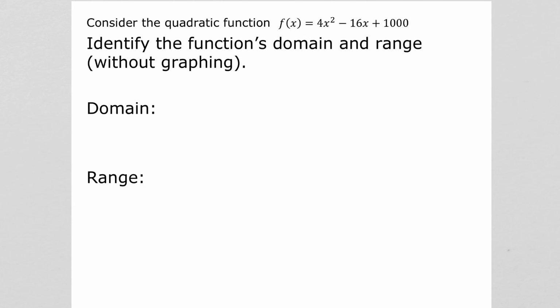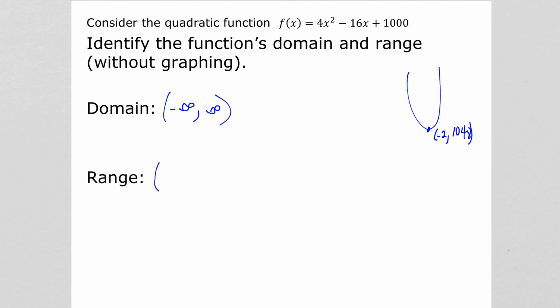This problem also wants us to identify the domain and range. Well, the domain is easy. It's a parabola, all real numbers, negative infinity to infinity. The range, we're not going to graph this officially, but just a little sketch. The minimum value was at negative 2, 1,048 it says.